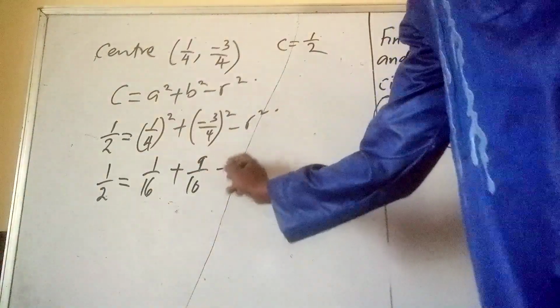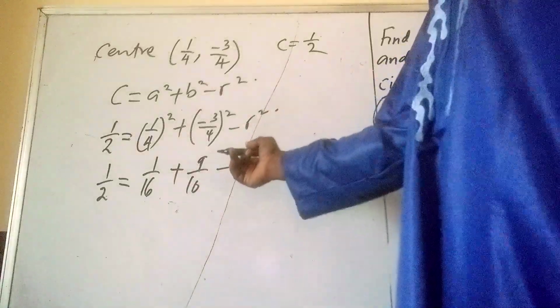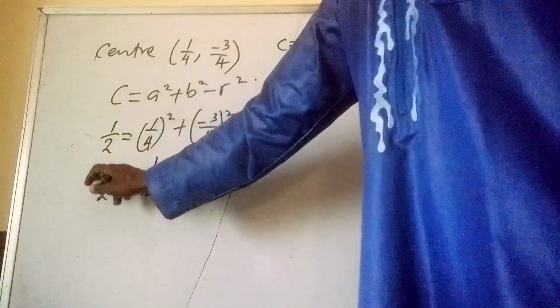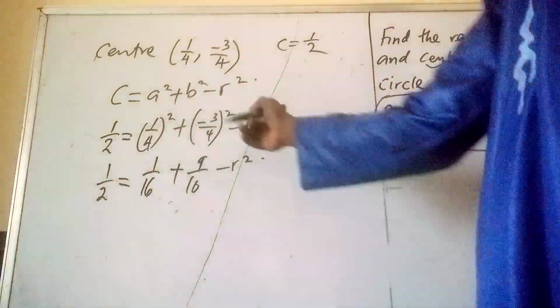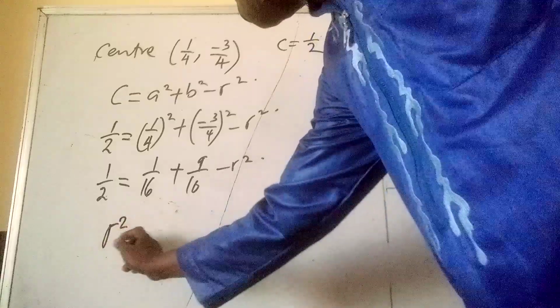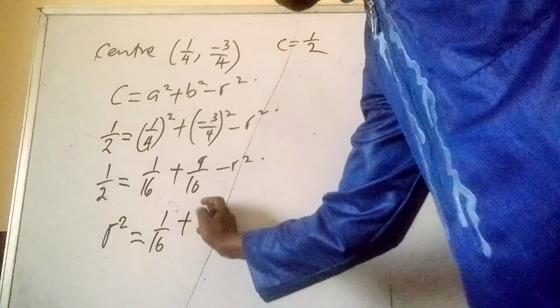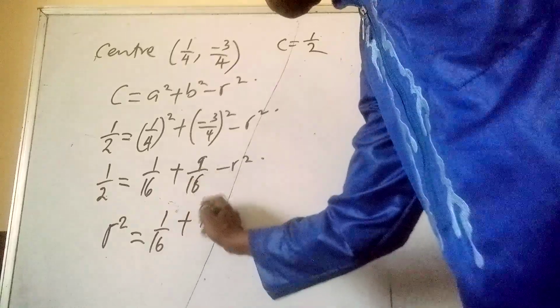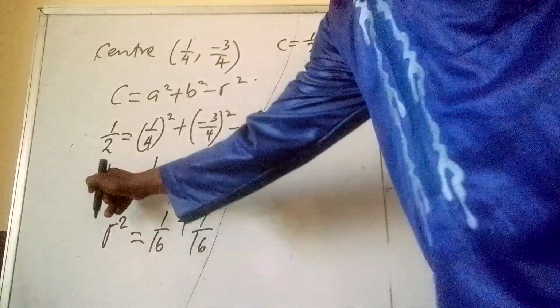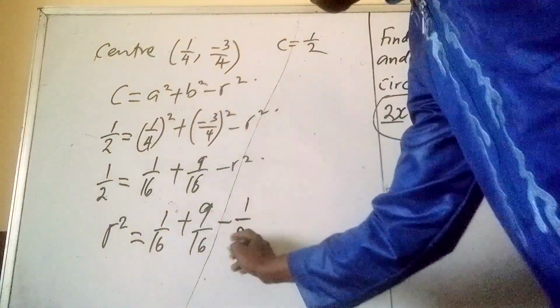Then minus r squared. Let's take r squared to this side and bring 1 over 2 to the other side. When r squared comes here, it becomes negative r squared equals 1 over 16 plus 9 over 16. Then 1 over 2 becomes negative when it crosses to this side.